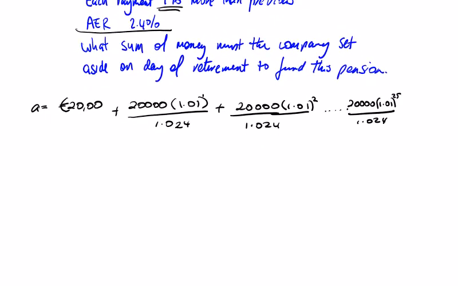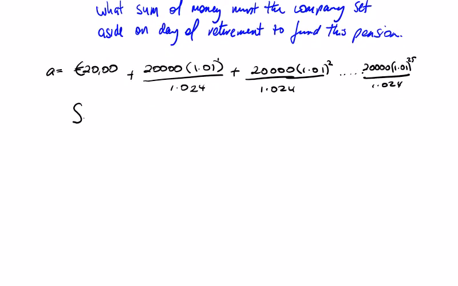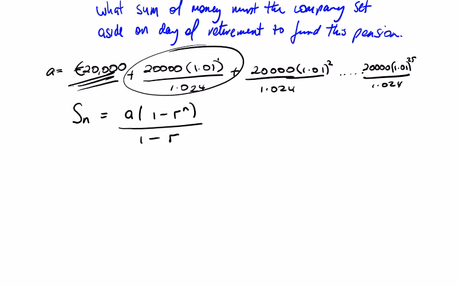So we're able to put this into the formula for the sum of n payments. Sum of n payments of a geometric series is a times 1 minus r to the power of n over 1 minus r. So we have a is definitely 20,000, and then what do I multiply 20,000 by to get this? Well, I've got to multiply by 1.01 on top and 1.024 on the bottom.